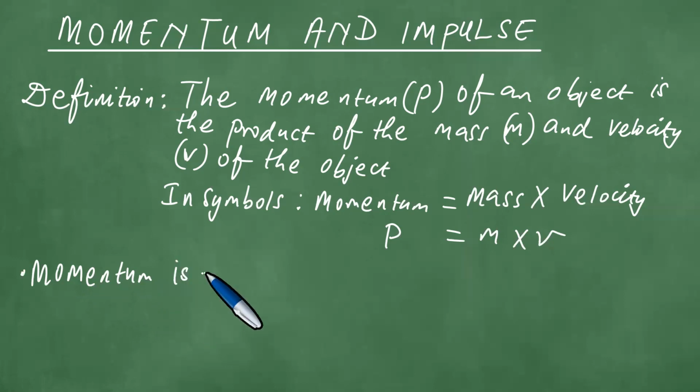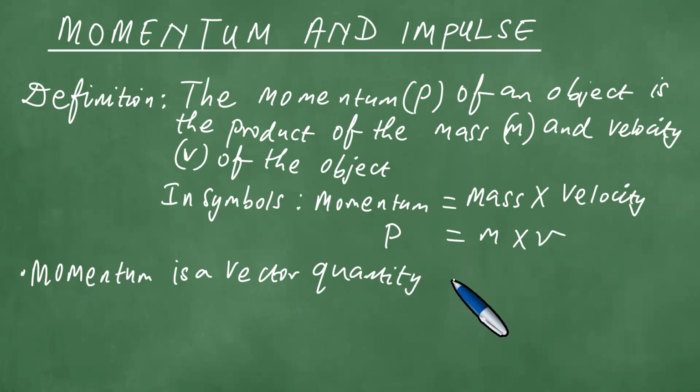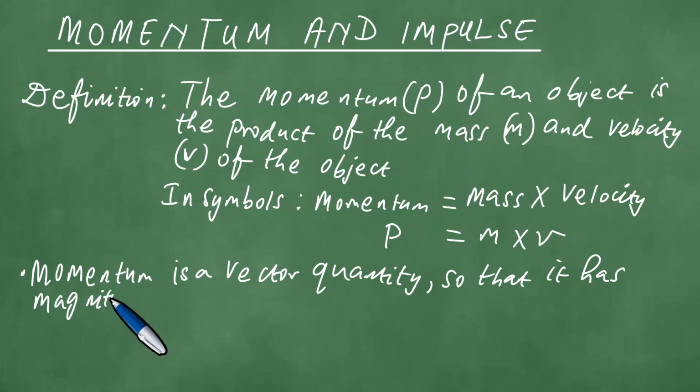So momentum is a vector quantity, so it has magnitude and direction. Obviously we note that the magnitude is the size.